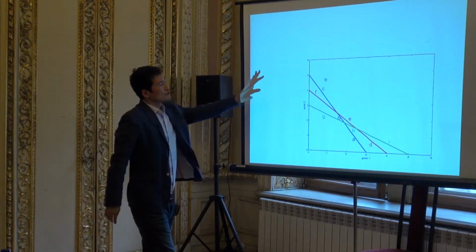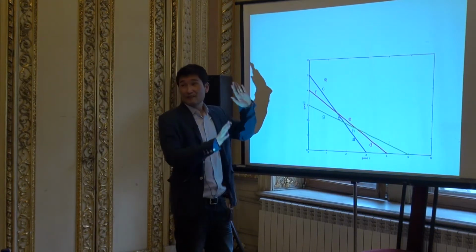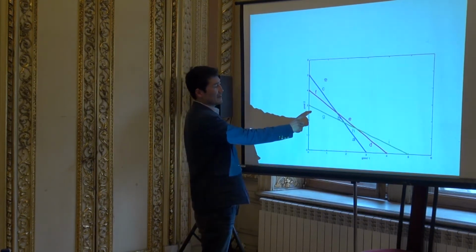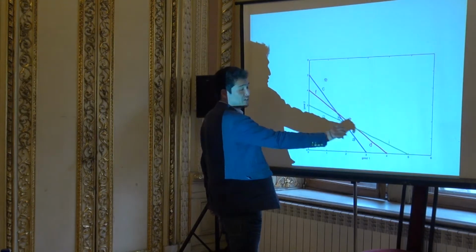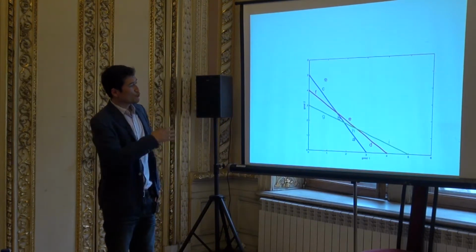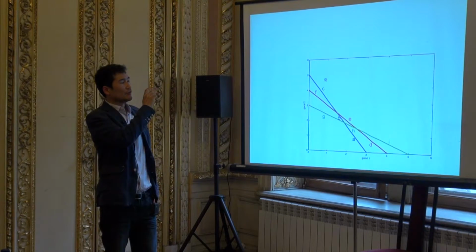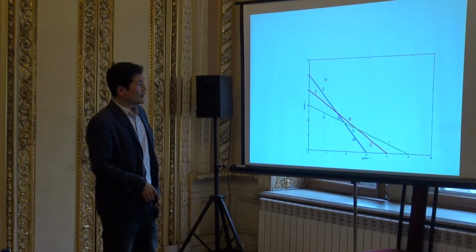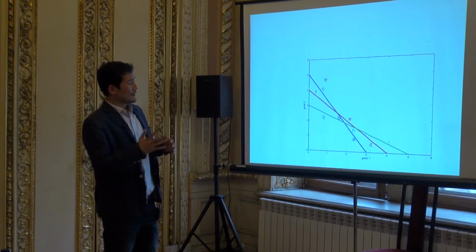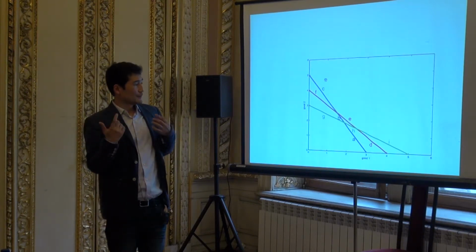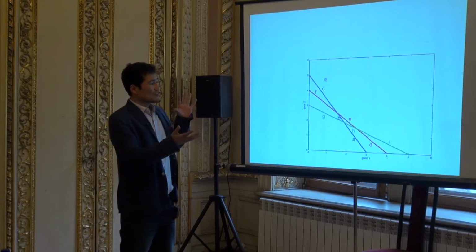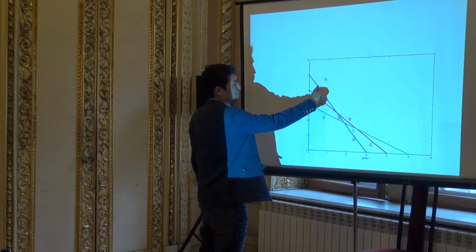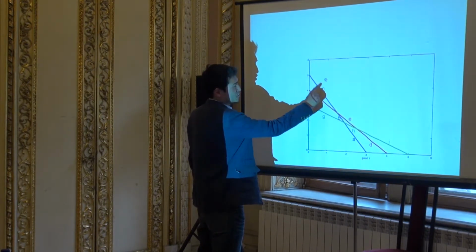But anyway, this is standard, and actually I don't even need 3 lines. Let's just do 2, so let's eliminate green here. We have just the blue budget set and the red budget set. In standard revealed preference theory, when the budget is blue, people can choose from here, actually here too.